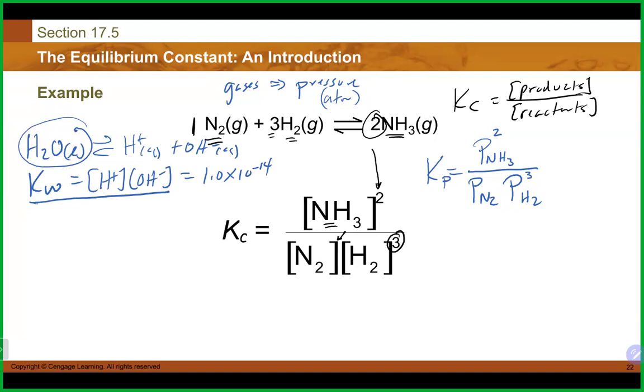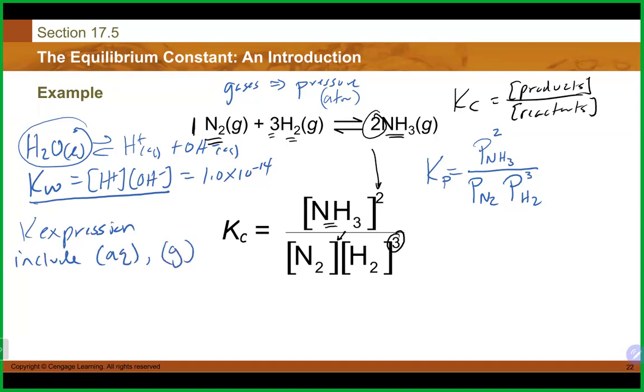As we will talk about shortly, there are a couple of things that we do not include in the equilibrium expression, and liquids are one of them. So when you write a K expression, we include things that are in the aqueous state and things that are gases.